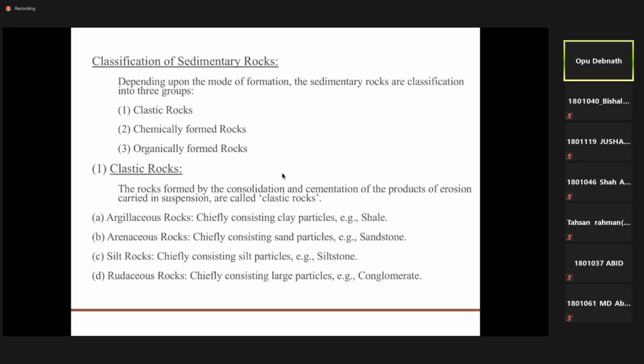Okay, and the rudaceous rocks, the main constituents are the large particles. That means in some portions of the hill, you may find some small round pieces of gravel. That means smaller size, like a pear shape. Round gravels.